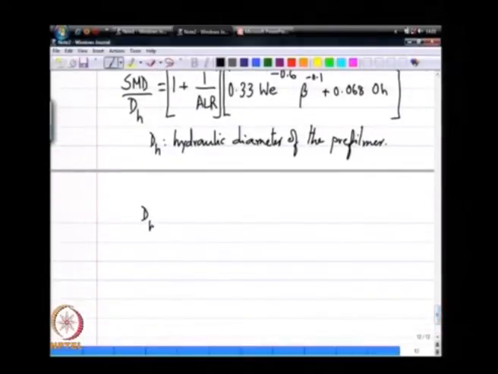So, if I take the pre-filmer, this is the area of the pre-filmer.